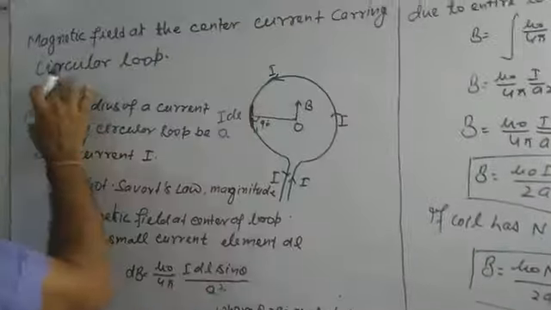Magnetic field at the center of a current carrying circular loop.